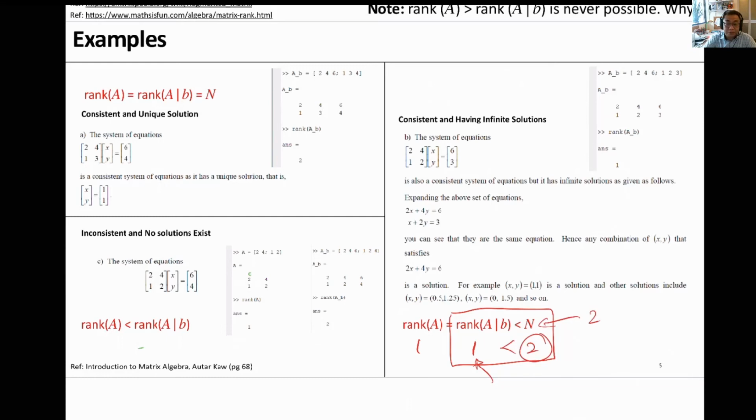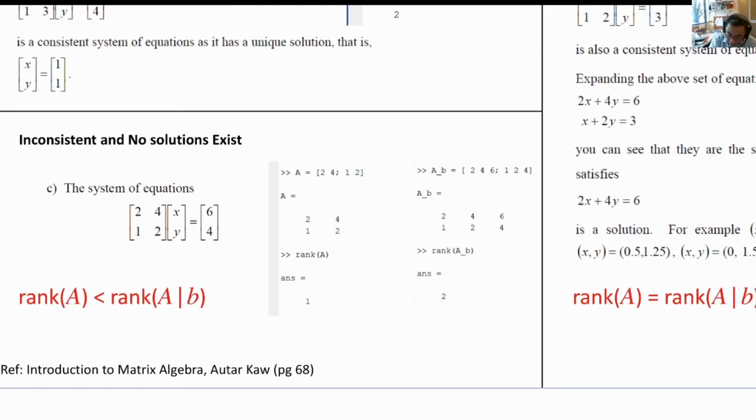In the last example, let's check out again these two equations, writing red for the first equation. 2x plus 4y is equal to 6, implying y is again, as before, 1.5 minus half x. What about the second equation?